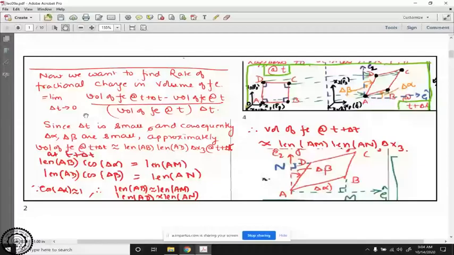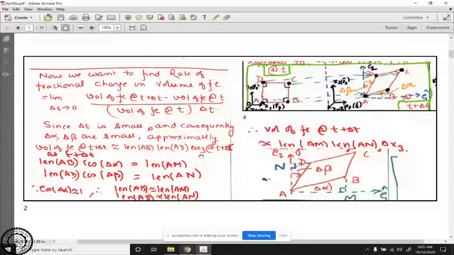Now since delta t is small, same argument which I was using yesterday, and consequently delta alpha and delta beta are small, we can say that the volume of the fluid element at t plus delta t, we are going to approximate as length of AB, length of AD times delta x3. To the first order, this is an approximation where you are ignoring the small angles.